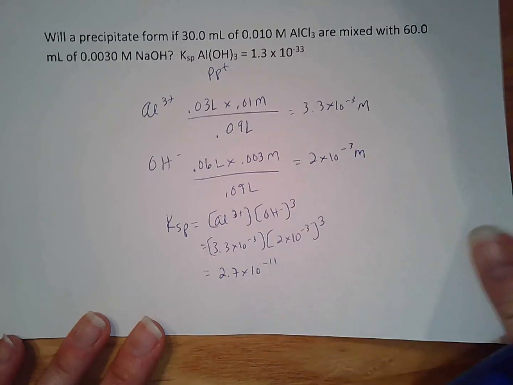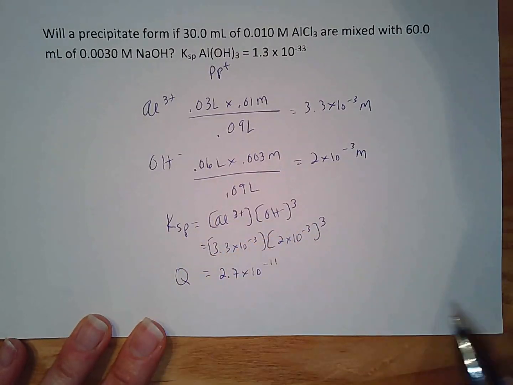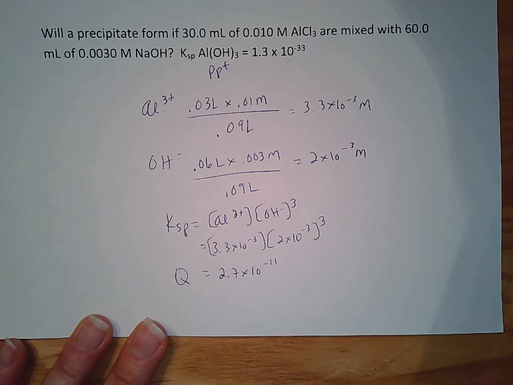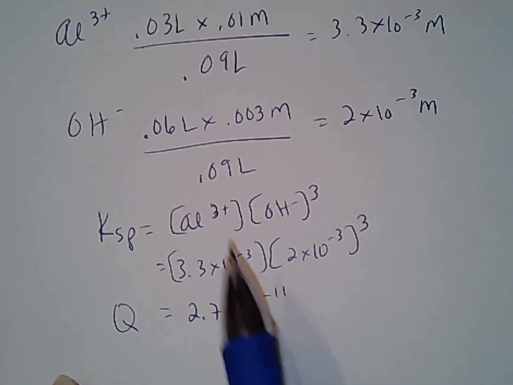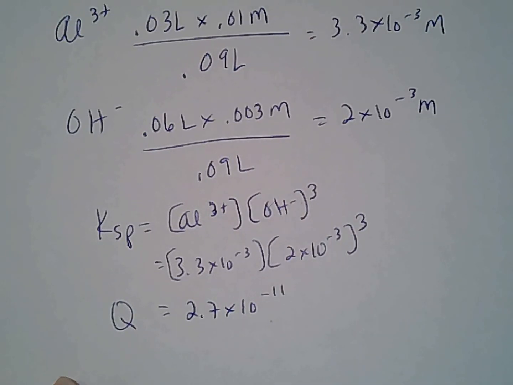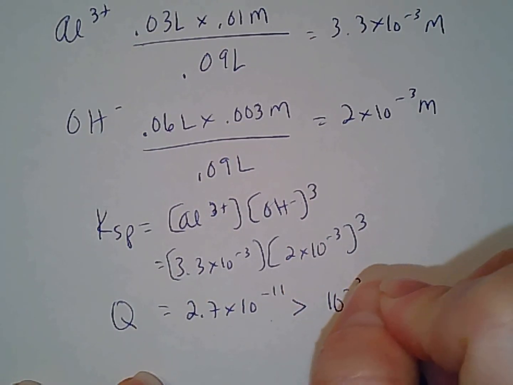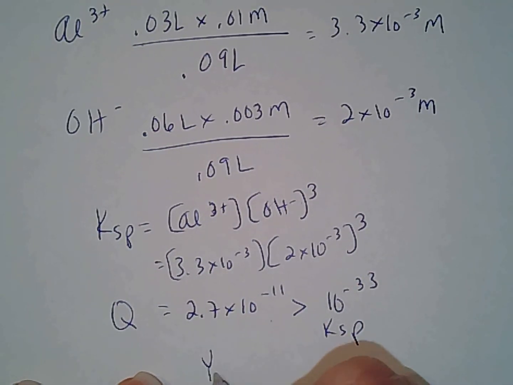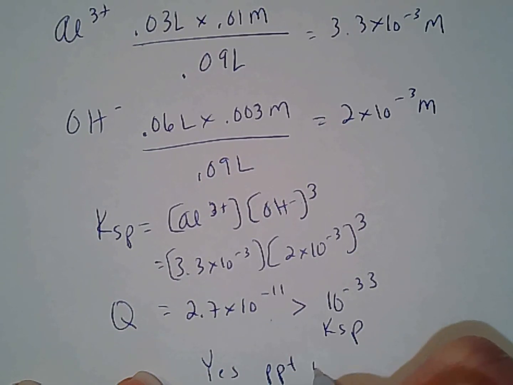So again, this is a Q calculation, meaning I need to know whether or not I make a precipitate. So that is the same calculation as a KSP. But since the Q is greater than 10 to the negative 33, which is my KSP value, I will say yes, a precipitate will form.